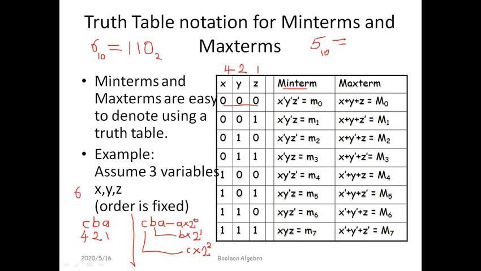To come up with 5, we add 4 and 1, so the one in the middle will be a 0. So we'll have 1, 0, 1, base 2. I hope this basic foundation and conversion is not difficult and you've understood it. So let's look at the min term for the first case. The first input combination is X bar, Y bar, Z bar.